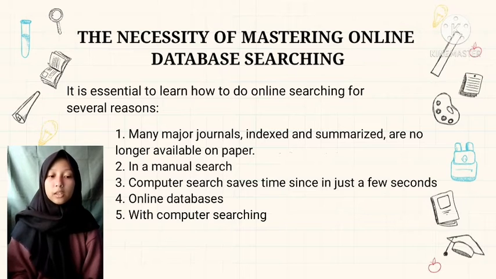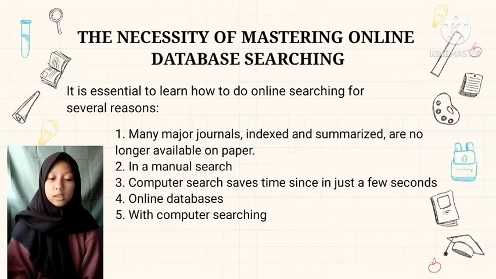The necessity of mastering online database searching. It is essential to learn how to do online searching for several reasons. First, many major journals, indexes and summaries are no longer available on paper. 2. In a manual search, you must examine numerous periodical indexes for a particular topic, follow the topic through the index, and find a few relevant entries that combine your selected term with another interest. 3.